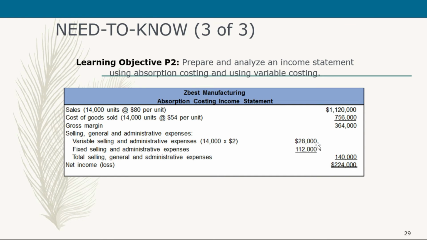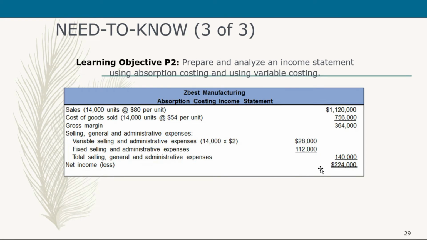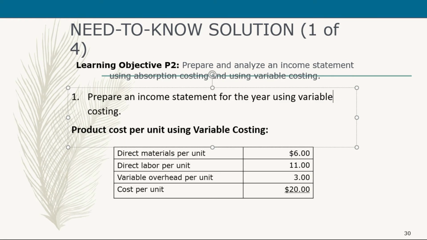It will give us your variable selling and administrative expenses of $28,000. For the fixed component, it was already given in the table. It is here, $112,000, giving us your total selling, general, and administrative expenses of $140,000, and we deduct it now from your gross margin, giving us a net income of $224,000.